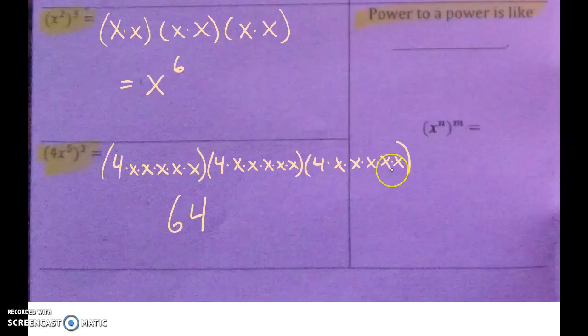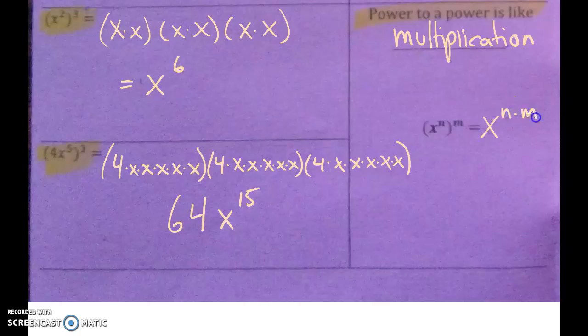And then I just count the number of x's I have, and that's 15, or x to the 15. Indeed, 5 times 3 is 15, so I think we can conclude that power to a power is like multiplication, which translates to x to the n to the m means x to the n times m. So that's going to be our shortcut.